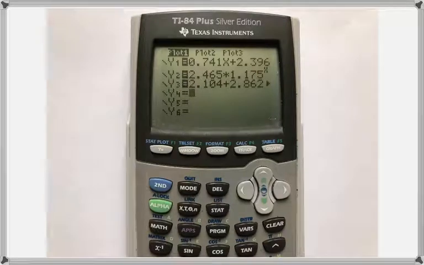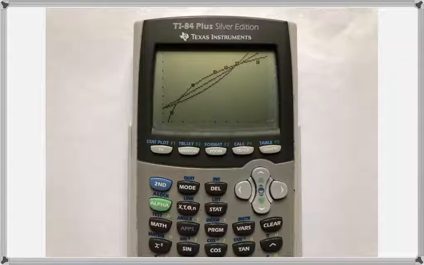So I'm going to enter in all 3 regression models at the same time into my y equals. And then if I graph it, I get my picture. And you can see that the logarithmic regression is definitely the best fit for the data.